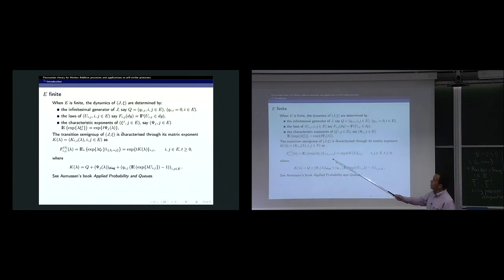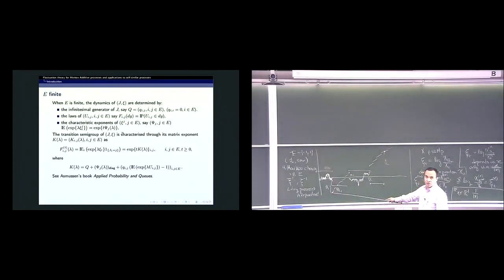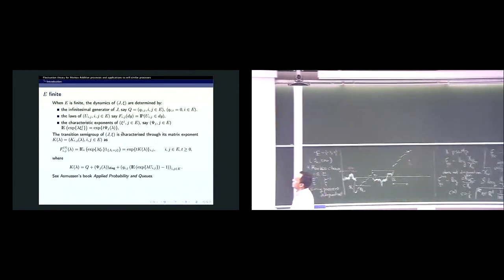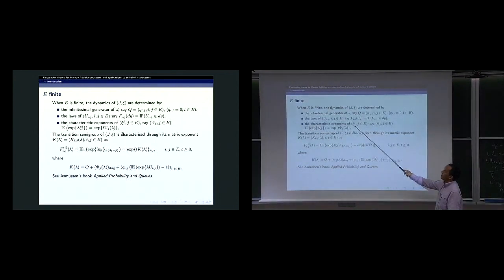Then we take U_ij, which is the law of the jumps, that we jump from this position to this position when we change dynamic in J. And then the psi_j processes, which are independent Lévy processes, each of them has a characteristic exponent psi_j.